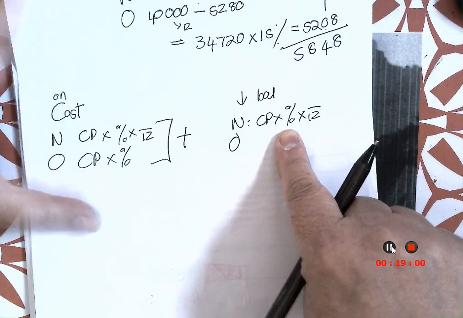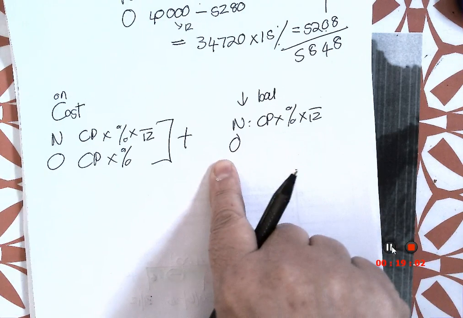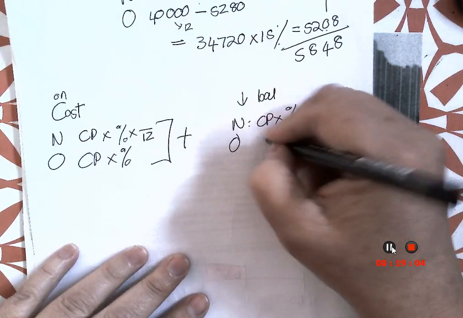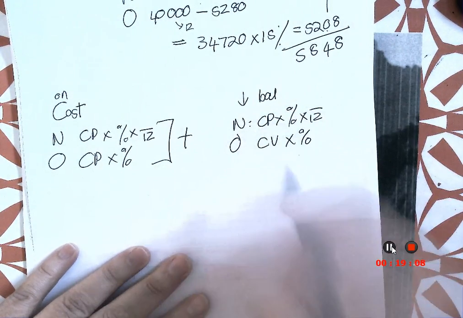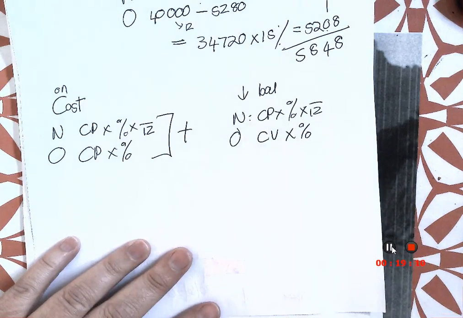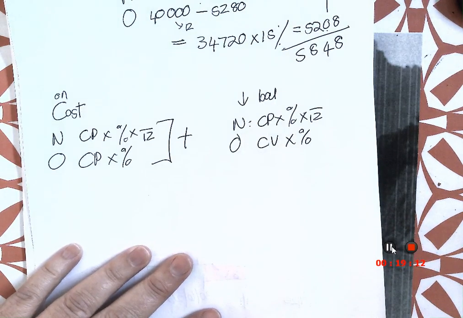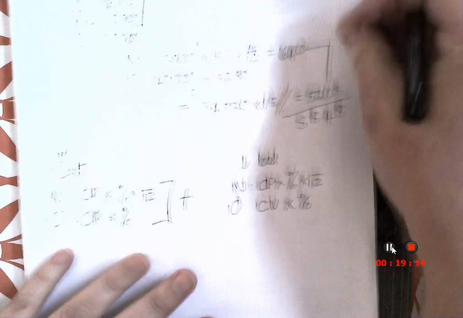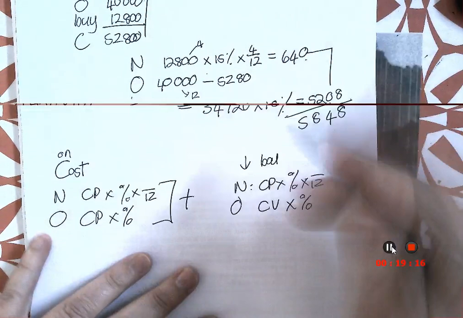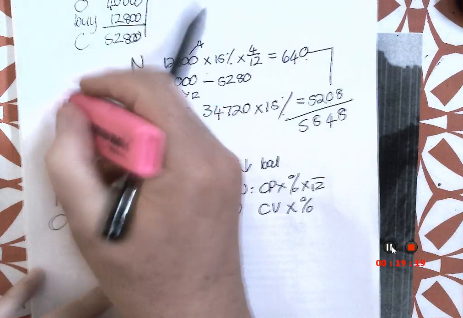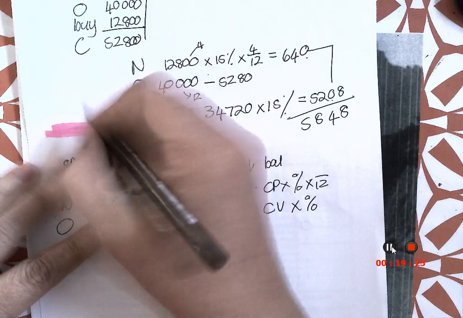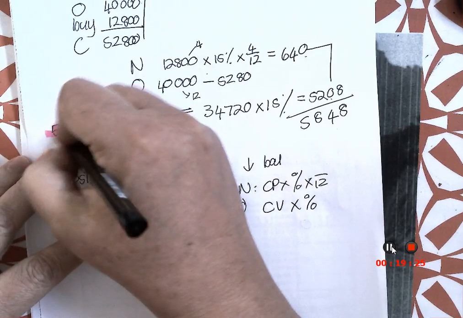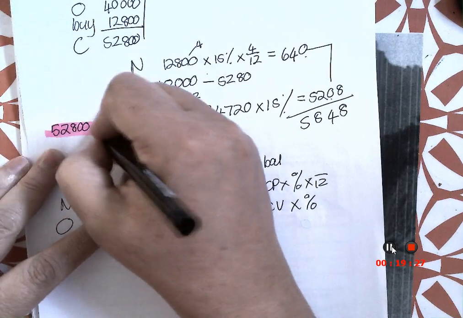But now, this is where the difference comes in. The carry value times the percentage is the old one now, because it's the diminishing balance method. So if I look at this old one here, let me just highlight it. It's that 52,800. I subtracted 12,800.